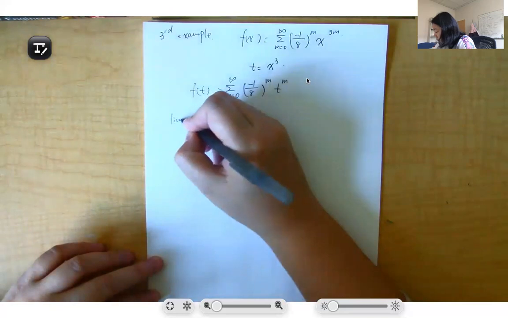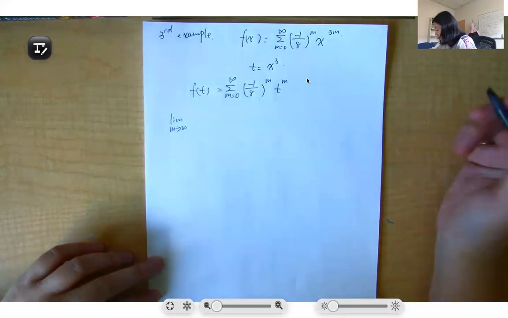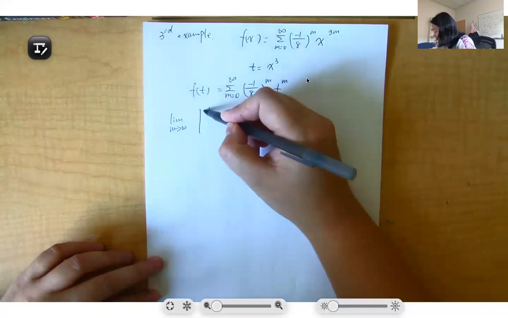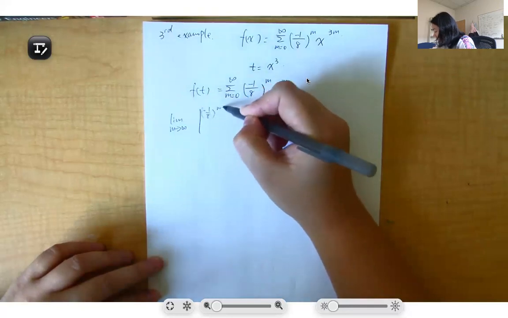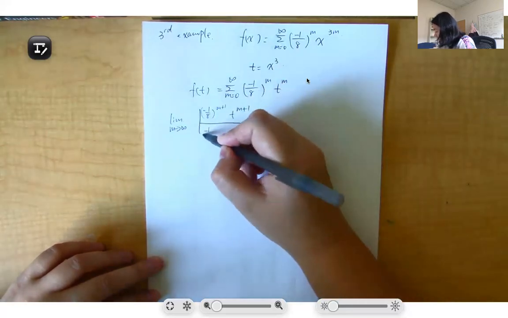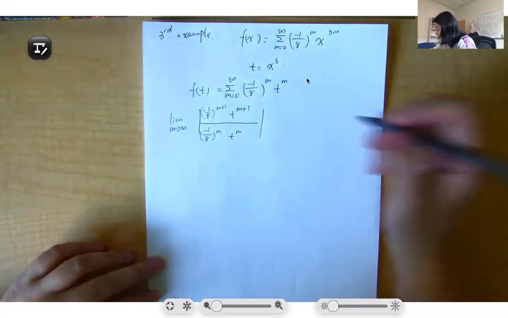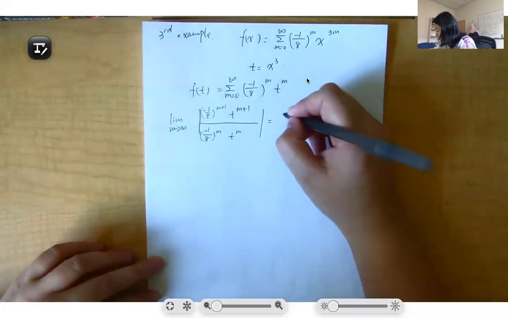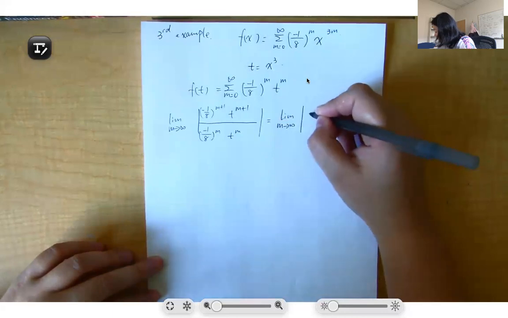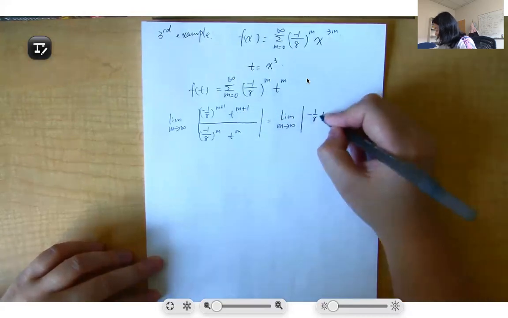The limit as m goes toward infinity of the m plus 1 step, which is (minus 1 over 8) to the m plus 1 times t to the m plus 1, divided by (minus 1 over 8) to the m times t to the m, and the ratio will equal the limit as m goes to infinity of minus 1 over 8 times t.